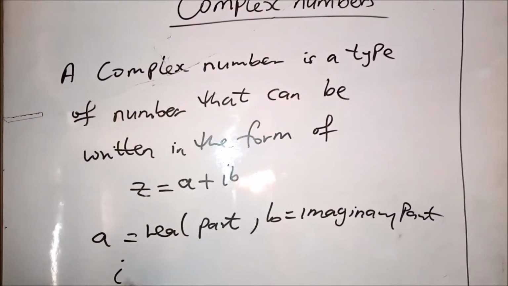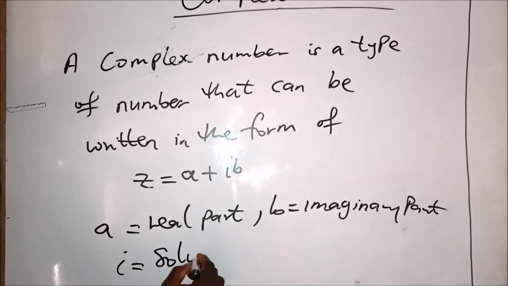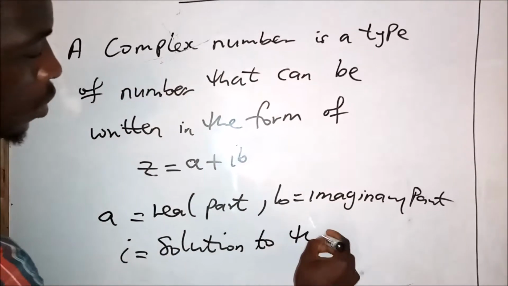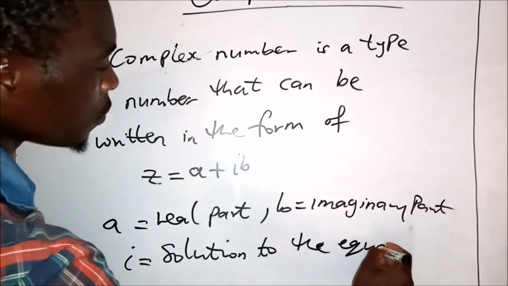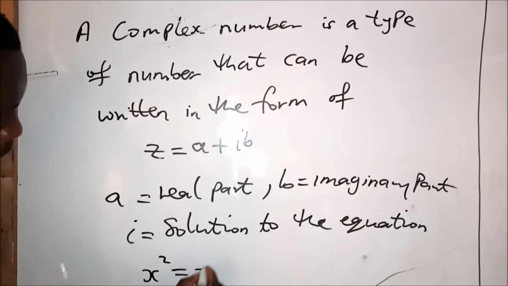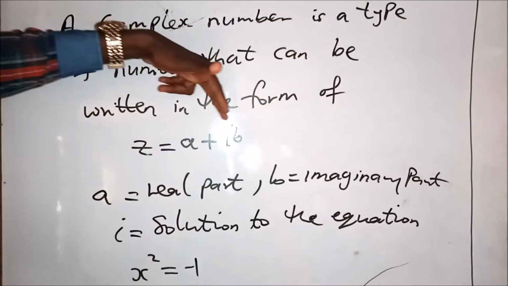The symbol i is known as a solution to the equation x squared equal to minus 1. Now, a complex number is of this form.